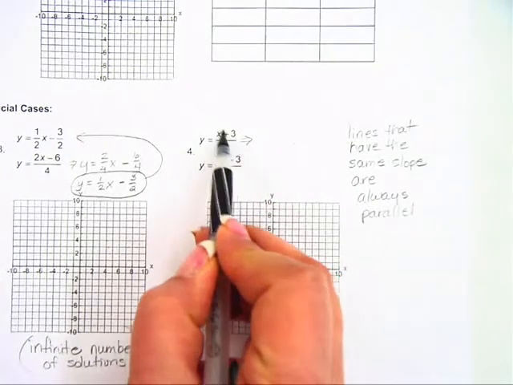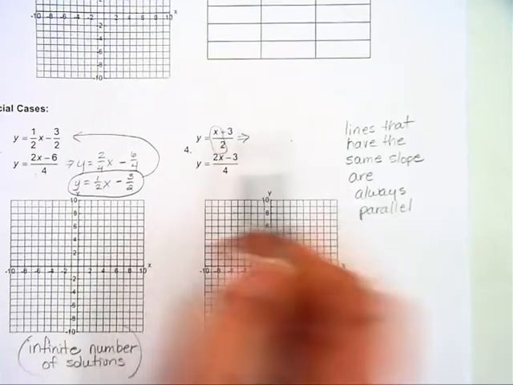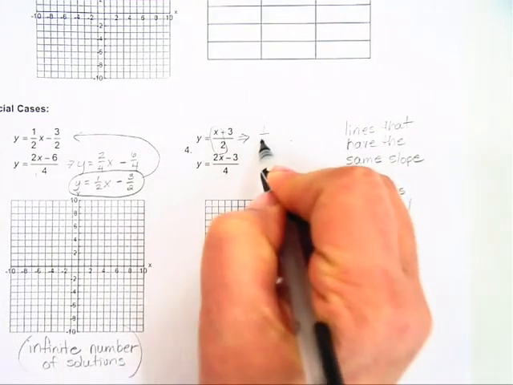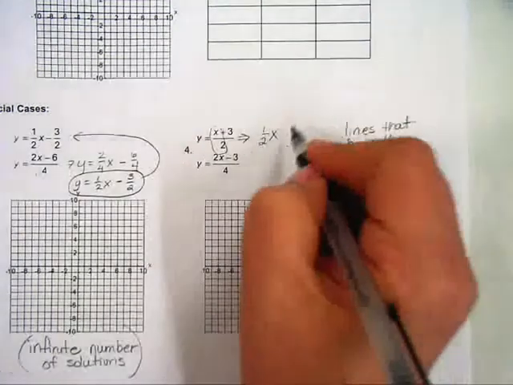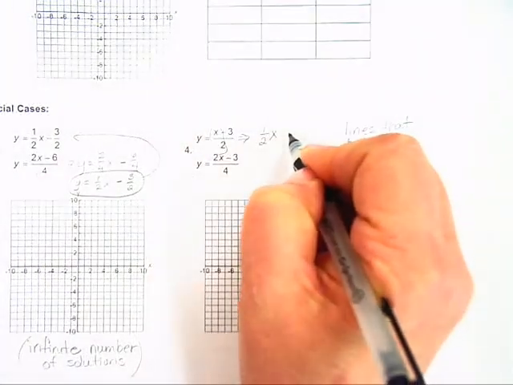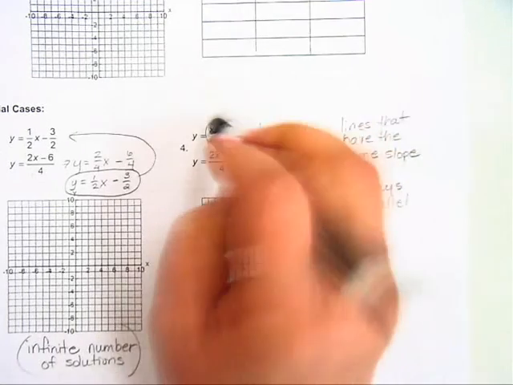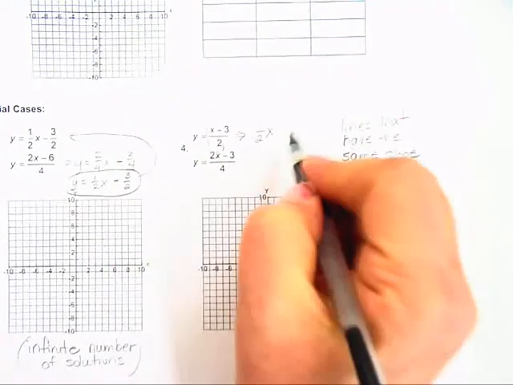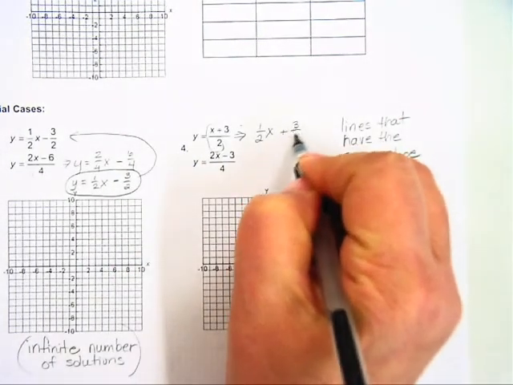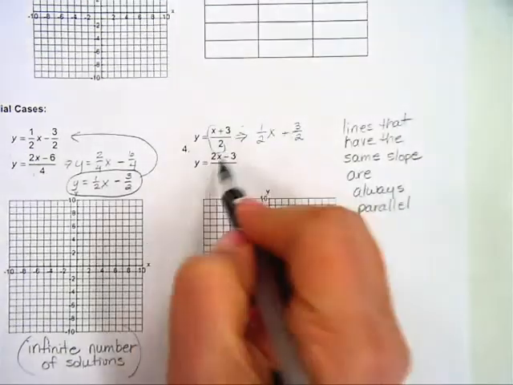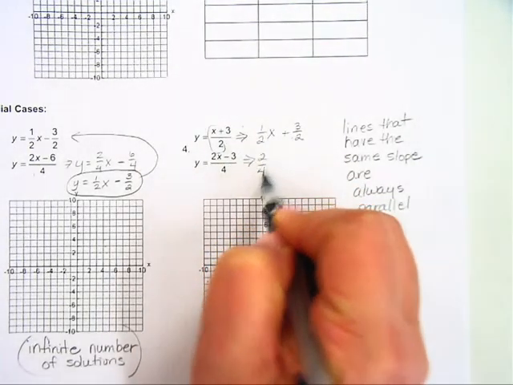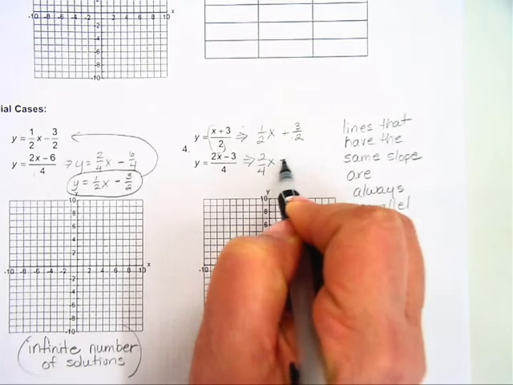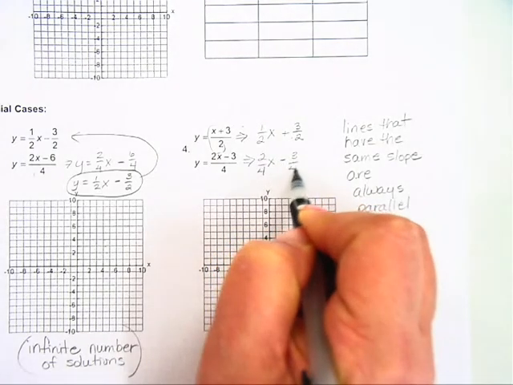This is actually the same thing as saying 1 over 2 times x plus 3 over 2. And this one is the same thing as saying 2 over 4 times x minus 3/4.